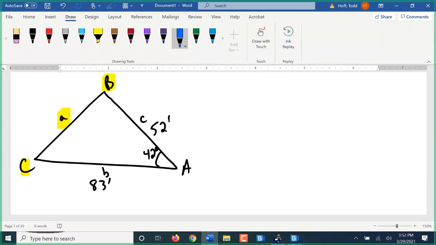Find our missing side A. A is going to equal, of course, I'll put in the big square root here. What goes on the other side over here? Squared plus 83 squared.